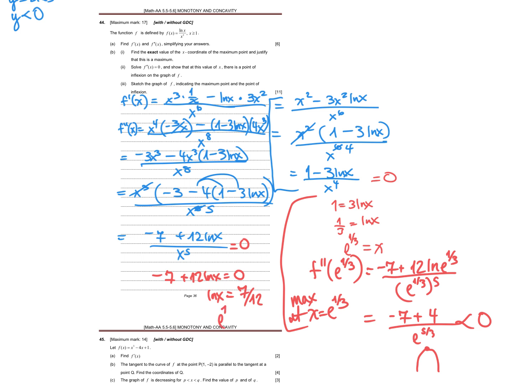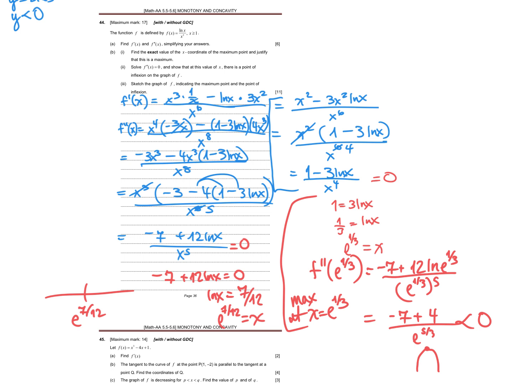And then e to the 7/12 is x. Show that at this value of x, there's a point of inflection. So we need to go on either side. So we can check at 0. Nope, we can't. So we need to check on either side of e to the 7/12.